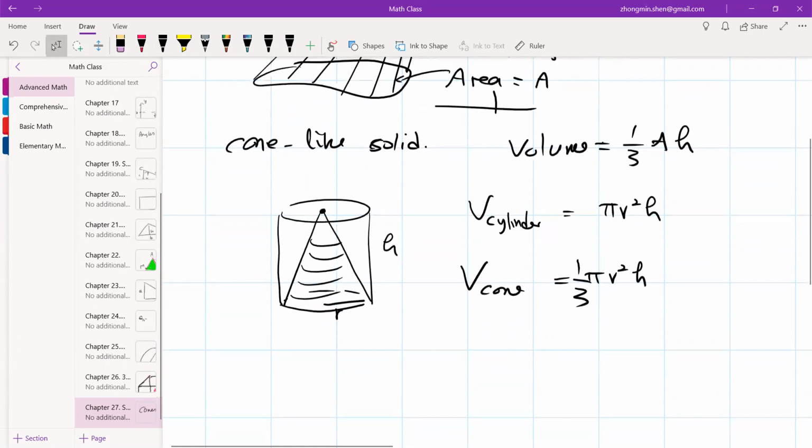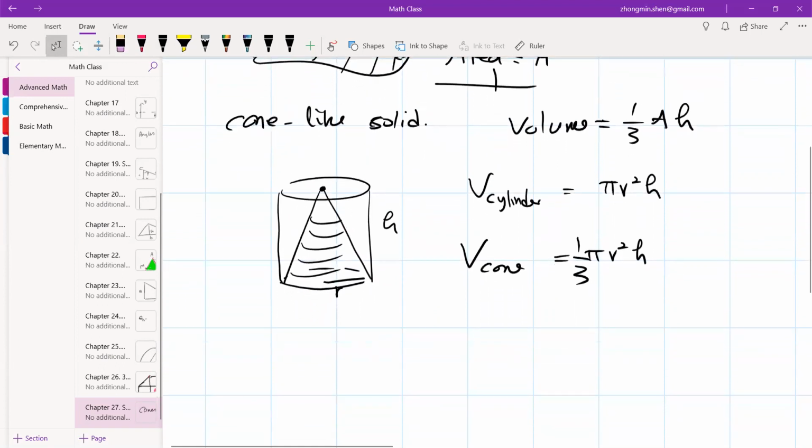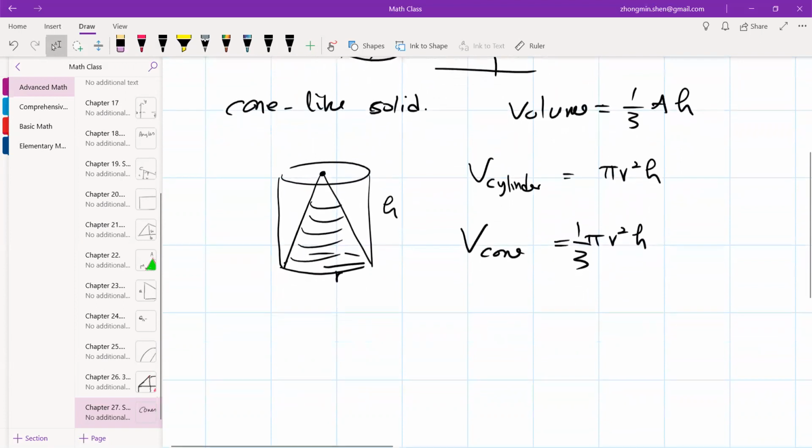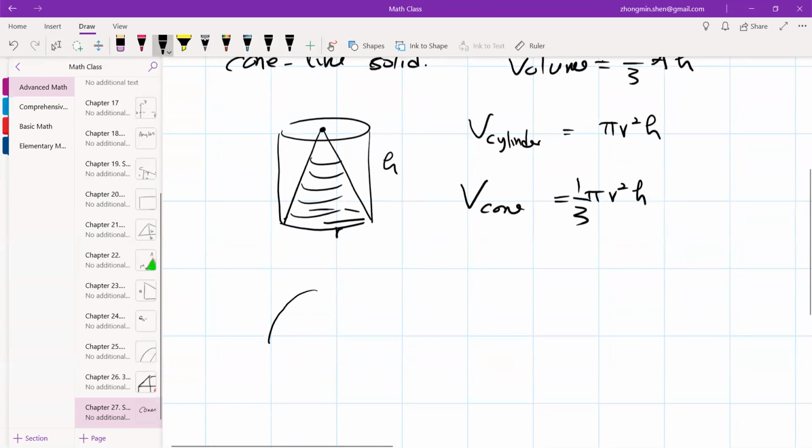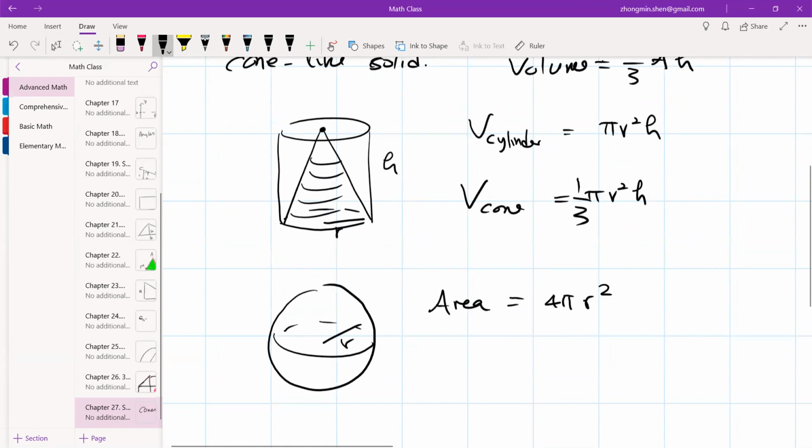Another formula is for the volume of the sphere. First of all, the sphere with radius r has surface area 4 pi r squared.